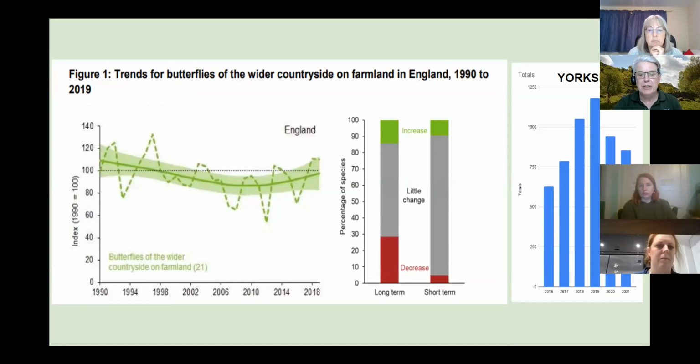So this looks at the overall trend in all species, in this case on farmland, and how it varies a lot. With any insect, obviously there's very big peaks and troughs. They're very sensitive to temperature in particular, and hence experience very big changes in abundance, which you see here.